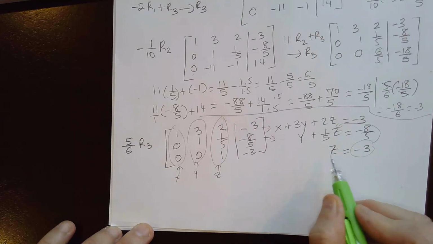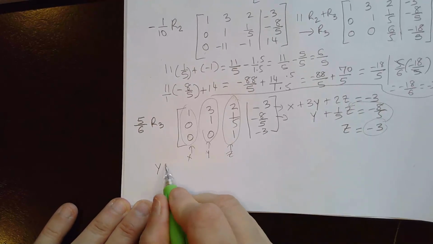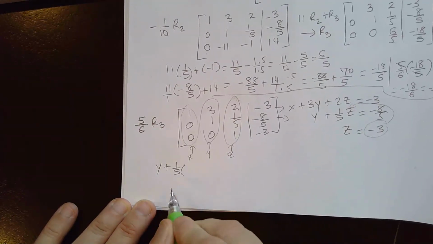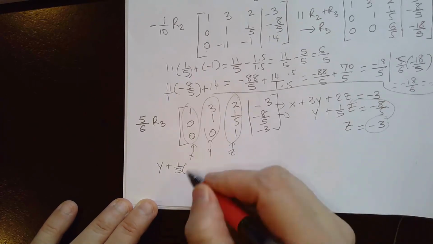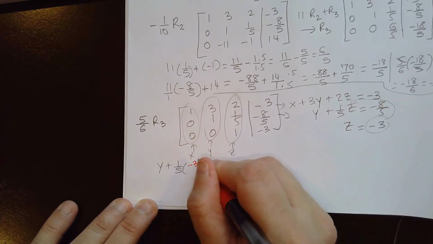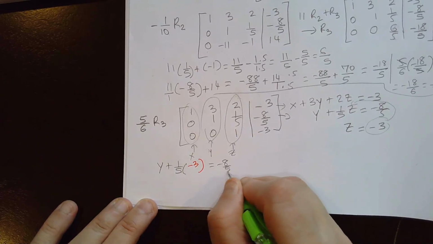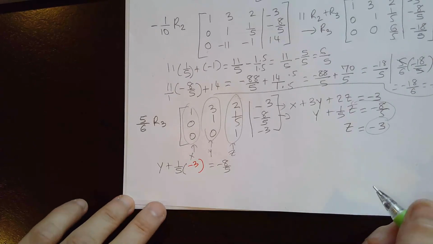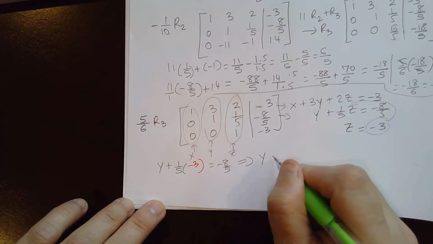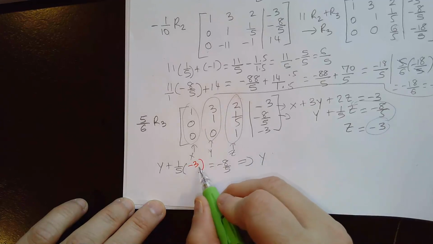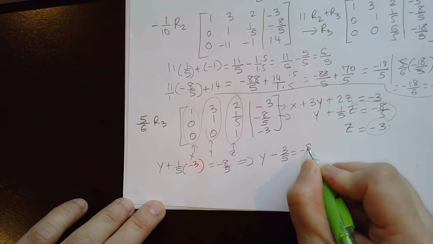Okay, so let's do that. We have y plus 1 over 5 z. z is -3, so you can plug in -3 instead of z here. Equal to -8 over 5. As you can see, the 5 is going to cancel out. Maybe the next step: y plus 1 times -3, that's -3 over 5, equal to -8 over 5.